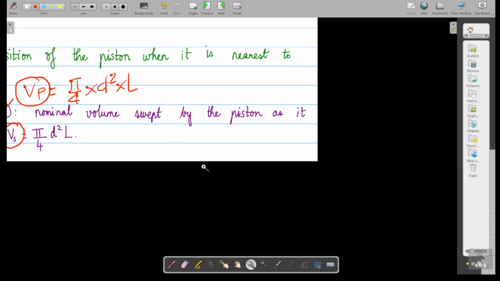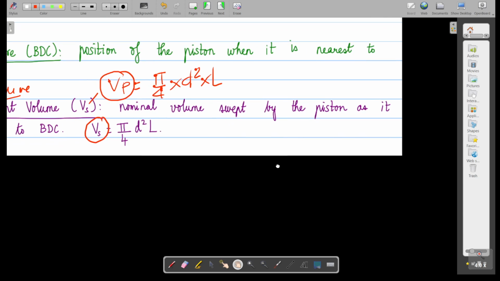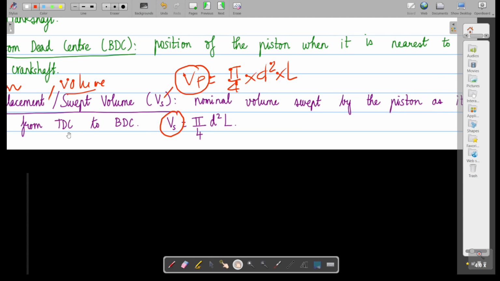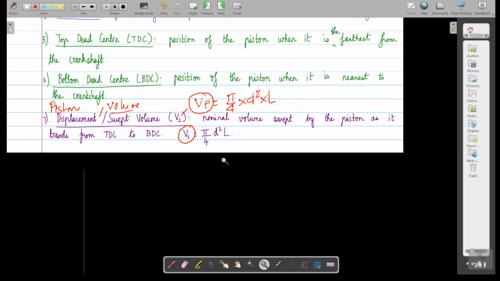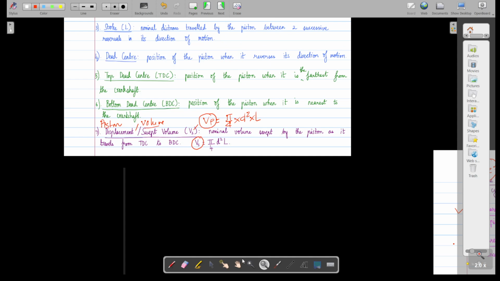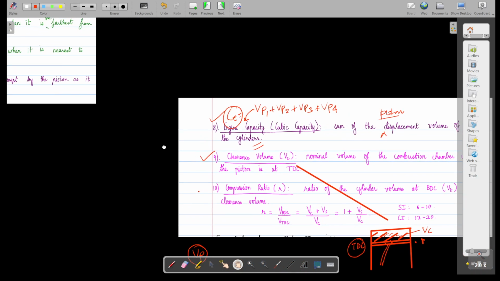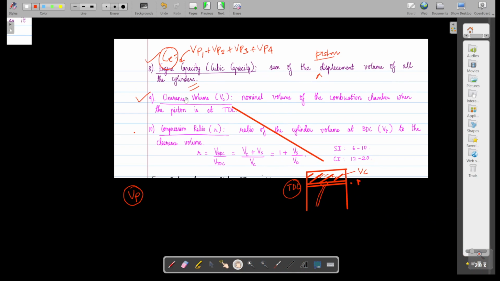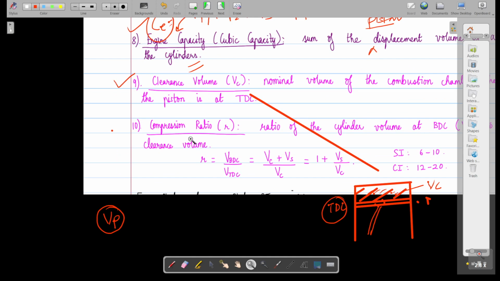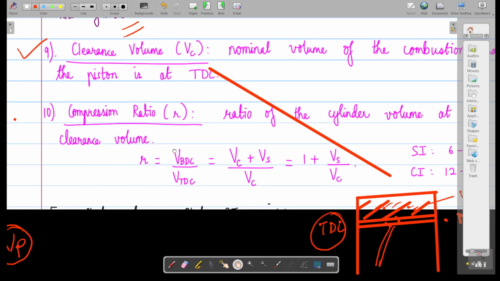The piston displacement volume is the volume swept by the piston as it moves from the top dead center to the bottom dead center. This should be known to you, which is why I'm showing it again and again. These are the basics you should know: the piston displacement volume, and next the clearance volume. Next comes the compression ratio. So what is the compression ratio?